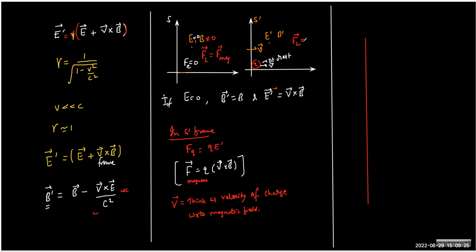And in this case, the Lorentz force is only due to the electric force, because the B dash cannot apply force on a rest charge. So I have chosen a frame which is moving along with the charge. Therefore it is at rest, and because it is at rest, it is not eligible to experience the magnetic force. It will only experience the electric force.